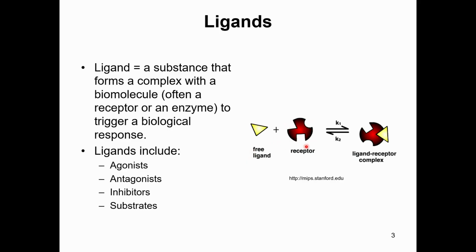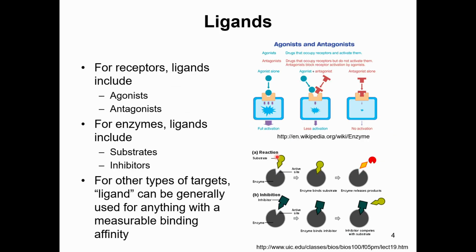Or they maybe change the conformation of that receptor such that it's impossible for it to bind its endogenous ligand. And in the case of enzymes, the ligand is actually a substrate. So if you recall from how enzymes work, a substrate gets together with an enzyme, and the substrate is the chemical entity that the enzyme acts on, that it catalyzes, and it will turn the substrate into products. And so you can actually inhibit enzymes by coming up with drugs that look like the normal substrate of the enzyme.